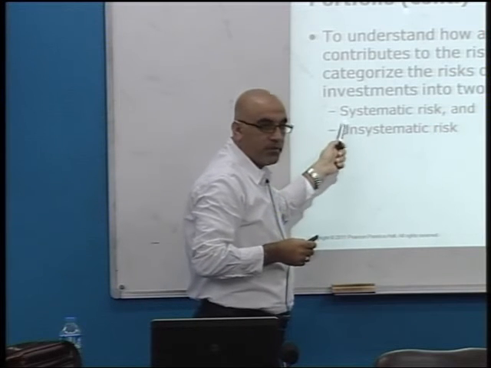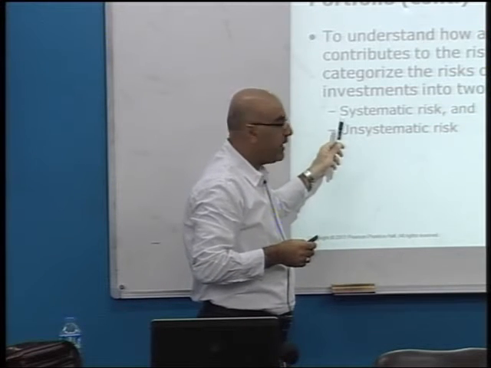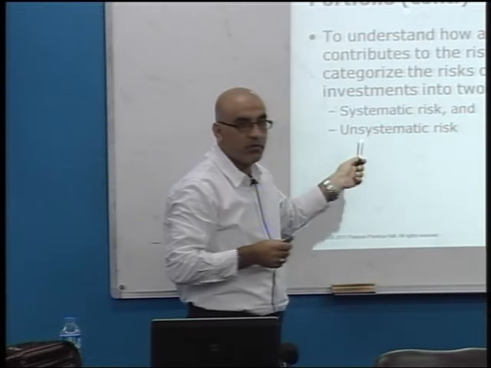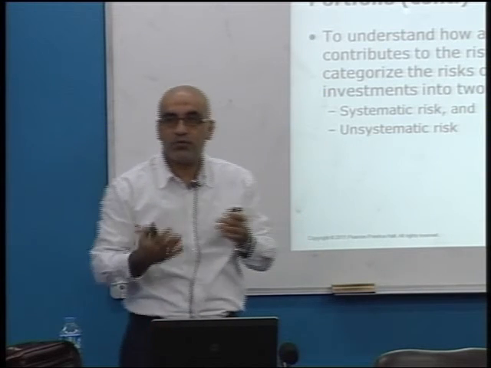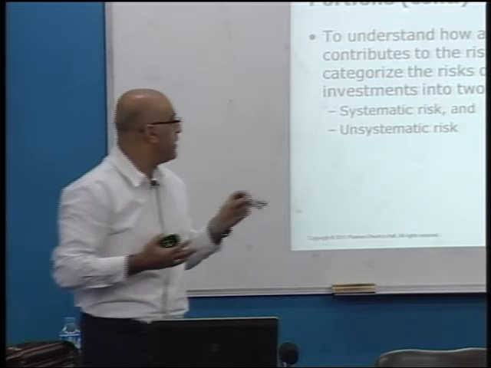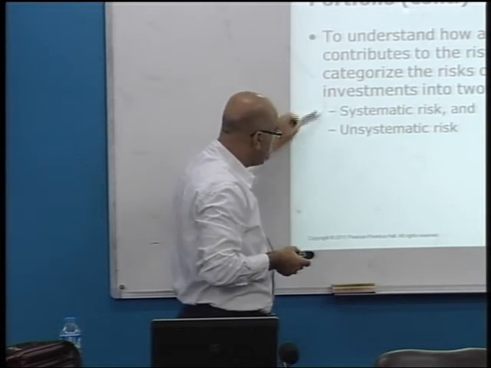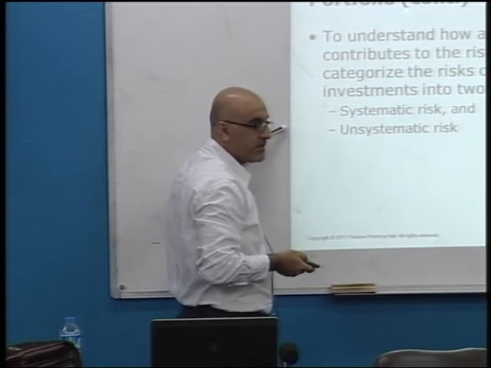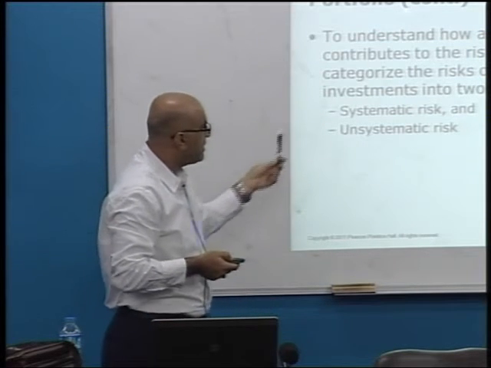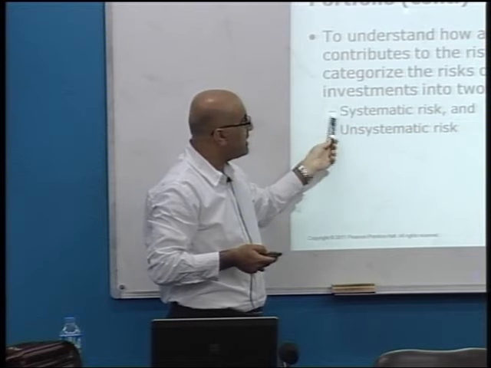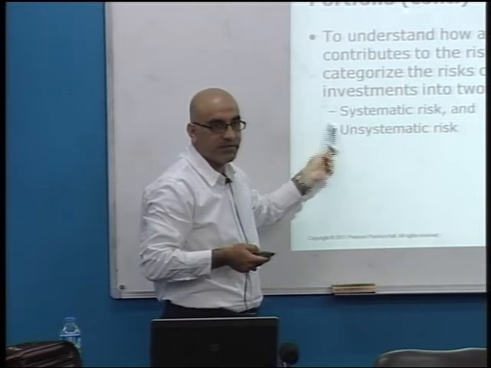As we explained before, each stock or each portfolio has 2 different risks: the systematic risk and the unsystematic risk. All together form the total risk. For the systematic risk, we cannot eliminate it away.